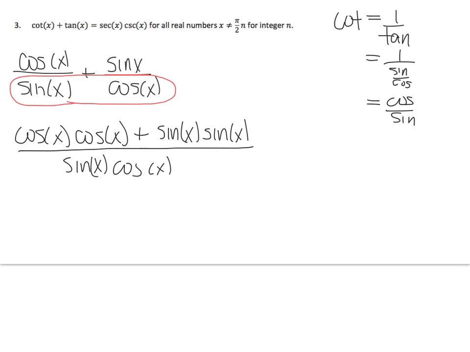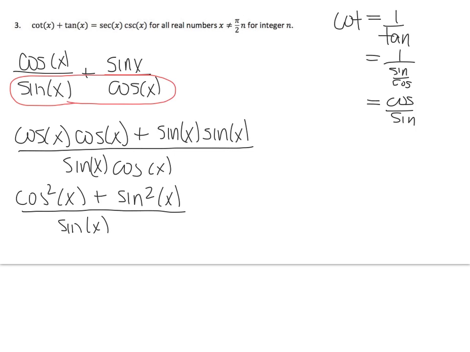Now we're going to rewrite the numerator because that's a lot of duplicate writing. Cosine squared x plus sine squared x all over sine x cosine x, my handwriting.